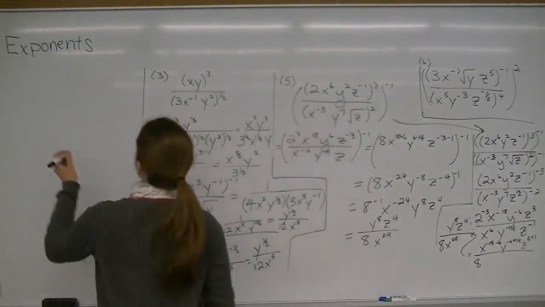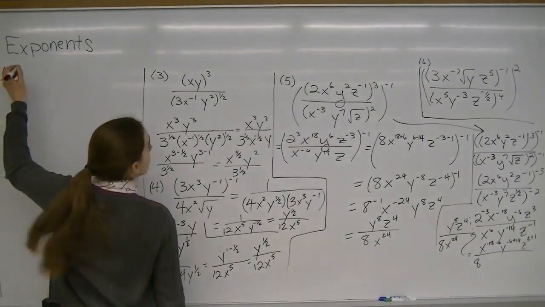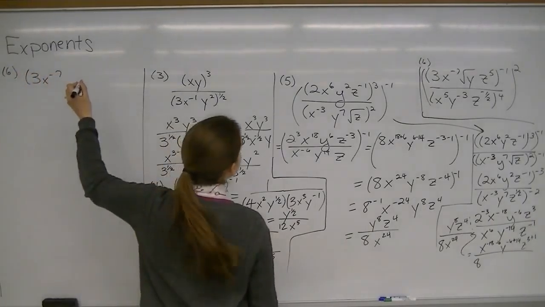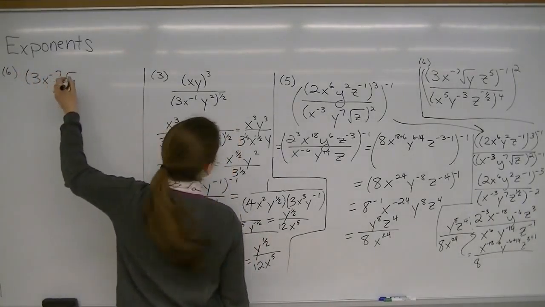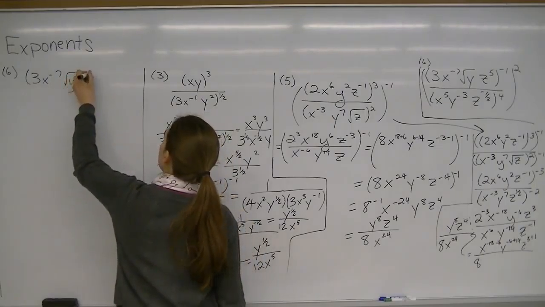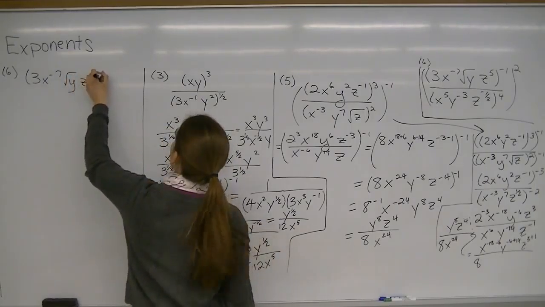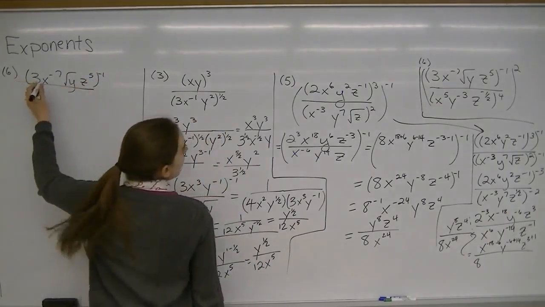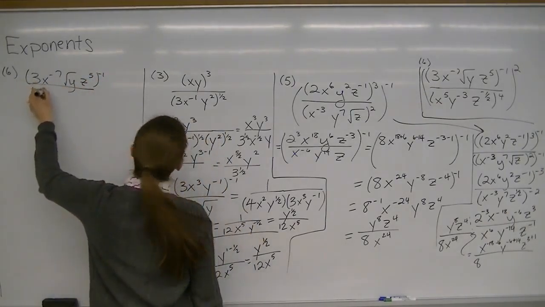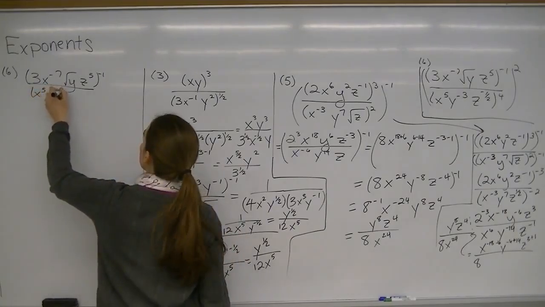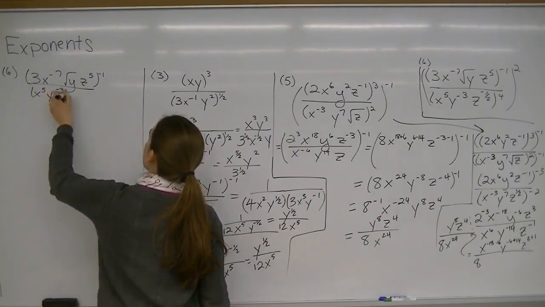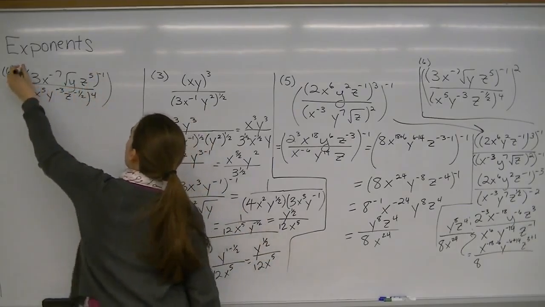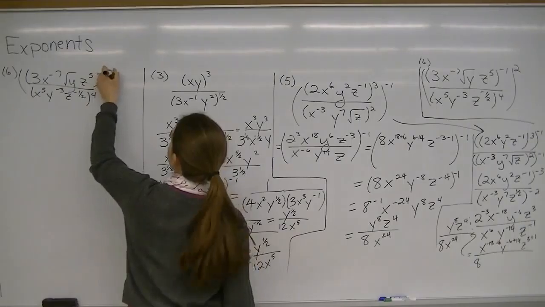So let's move this example over here, since I took over all the space. So 3x to the negative 7 times the square root of y times z to the 5th, to the negative 1, over, and the whole thing squared.